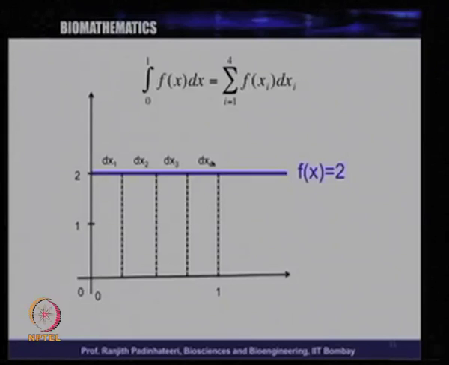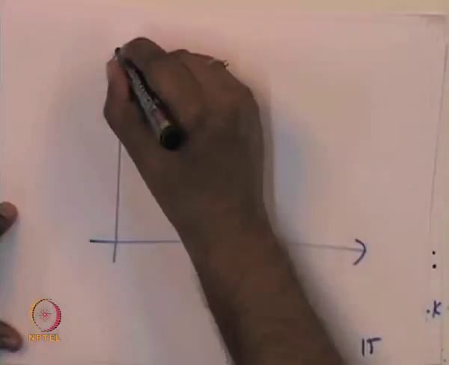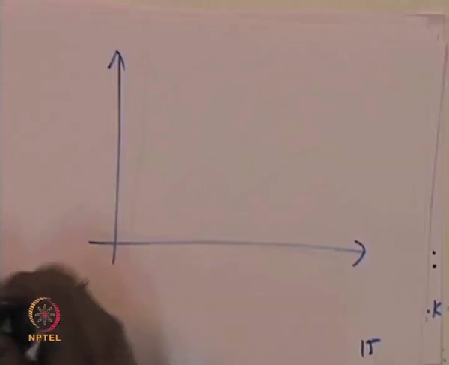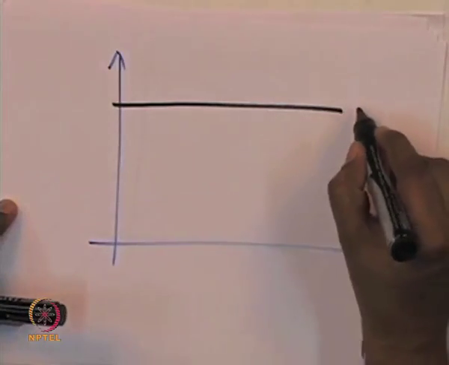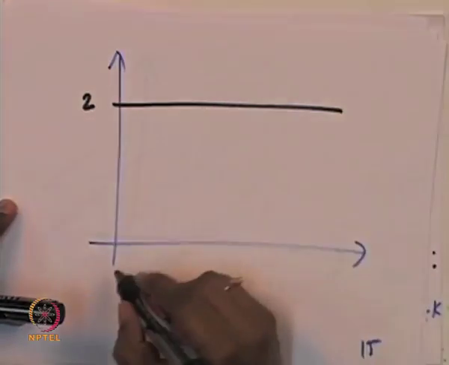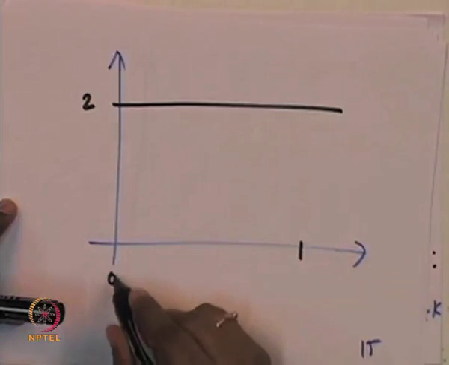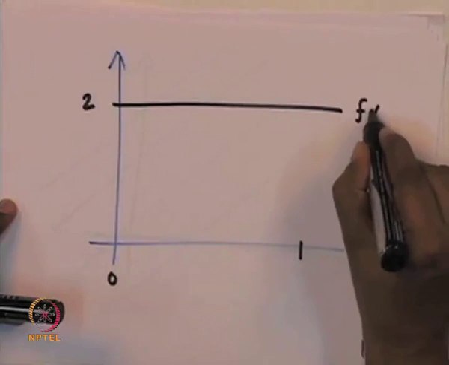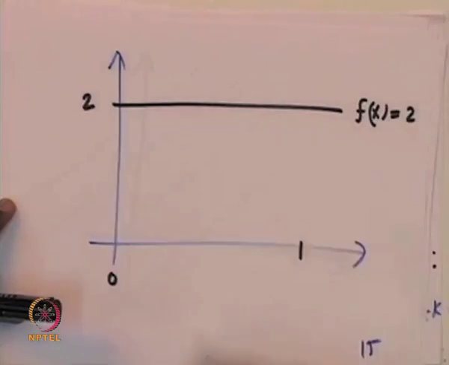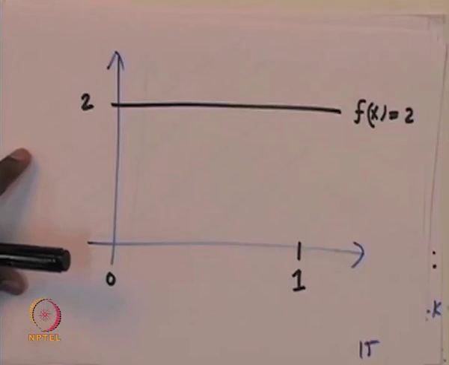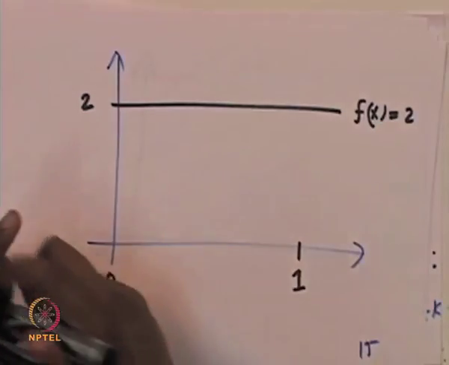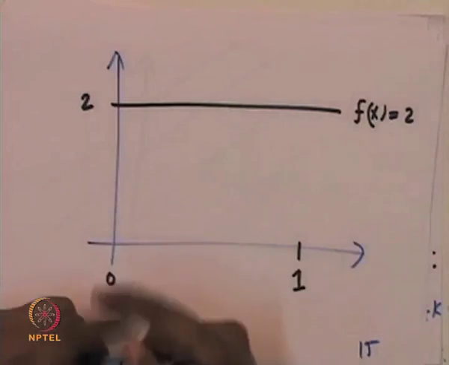So, let us draw this curve a bit. We have this curve which is y equal to 2, function f of x equal to 2. So, this is 2, and we want to find out the integral between 0 and 1. Between 0 and 1, you can divide this curve into many small boxes.